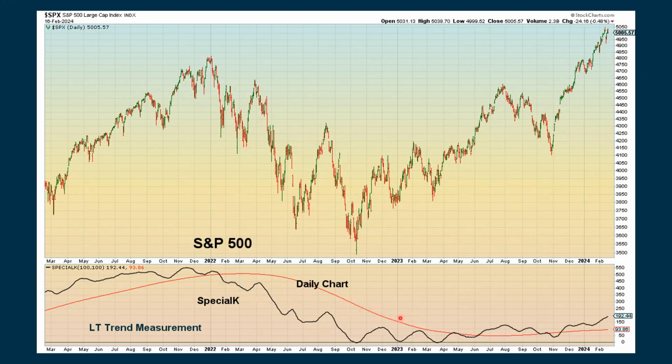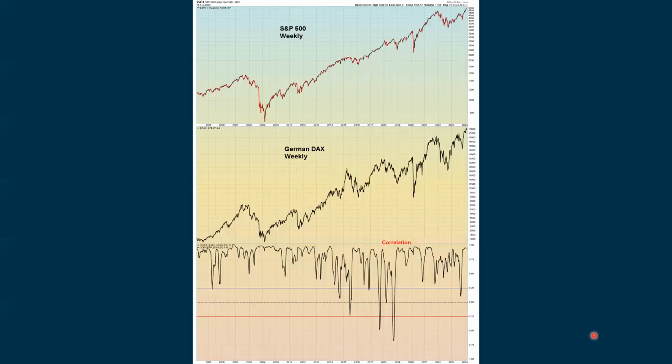We might get one, maybe we got one in 2022. We had 3, maybe 4 signals in 2023. So I just show the chart in this particular video. And it's a long-term oscillator, and we're above this red line. So our longer-term trend is also positive according to this chart.